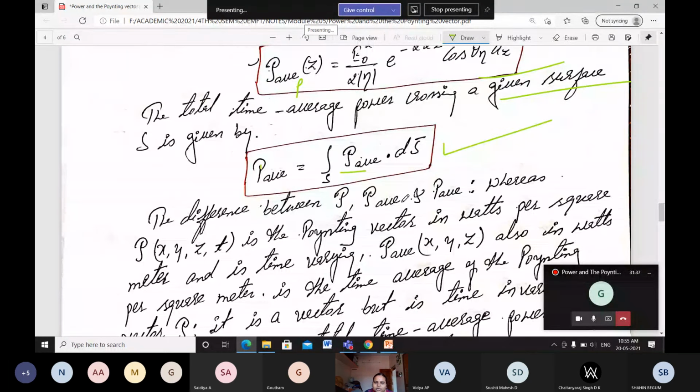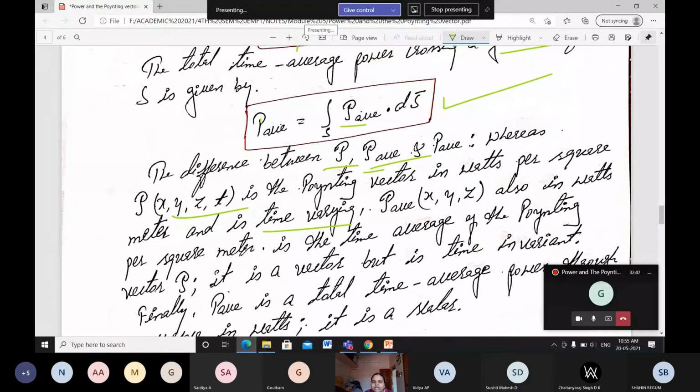Then what is the difference between the Poynting vector, the average time Poynting vector, and the power crossing, that is P average? The first one, P of x, y, z with respect to time, is the Poynting vector in watts per square meter, and it is time varying. The second one, P average of x, y, z, also in watts per square meter, the unit being the same, is the time average of the Poynting vector P. This we also call P only, and it is a vector, but it is time invariant.